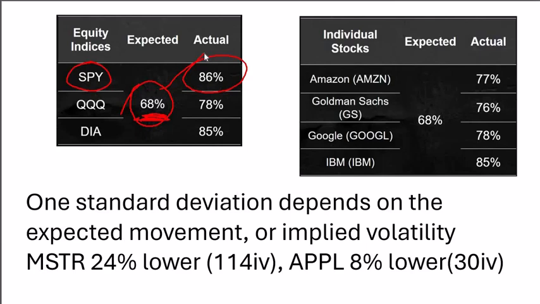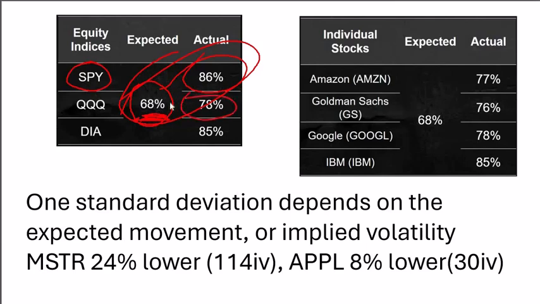So they expect it to stay within that range 68% of the time, but it actually stays within that range 86% of the time. That's a massive difference. And this is really volatility risk premium. How much more are they charging for options than realized movement, meaning the actual tendency for stocks to move around and move through strikes? They're charging quite a bit more for SPY.